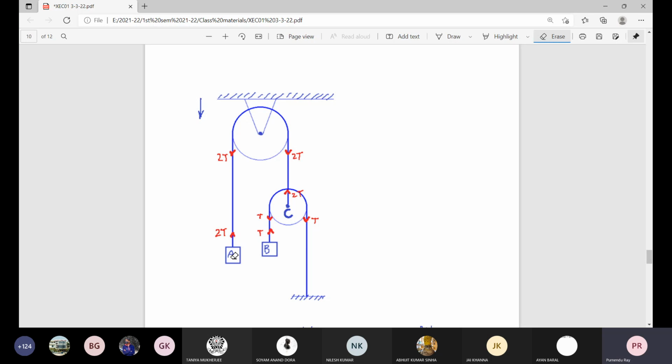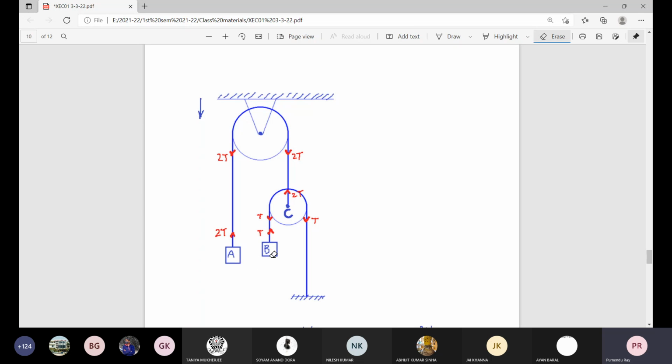For this part, weight WA is acting downward. Here will be some tension. Similarly, that tension is transmitted through this portion. And from the free body diagram of the pulley C, you'll find the tension on the left hand side of the rope and on the right hand side of the rope, T and T, naturally that same T is carried here on this block B.